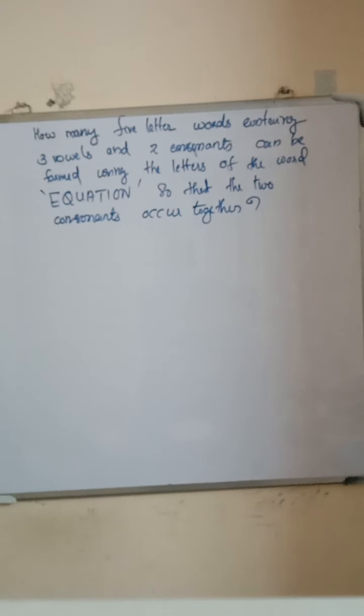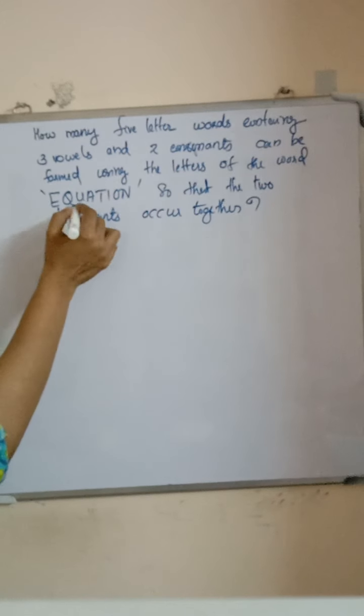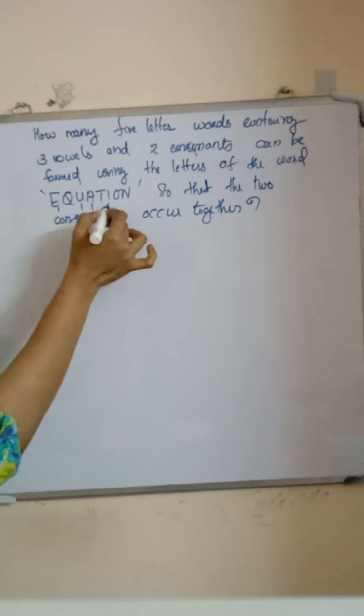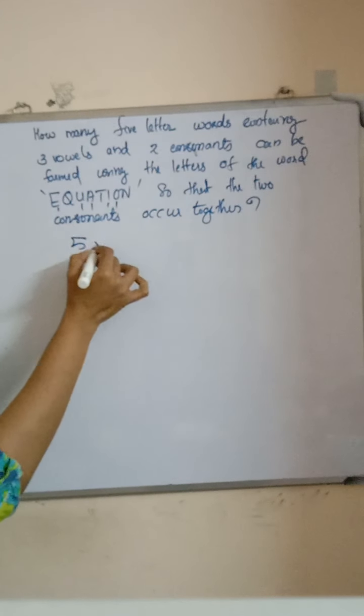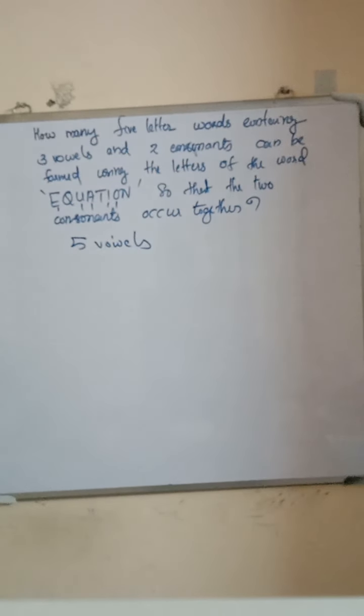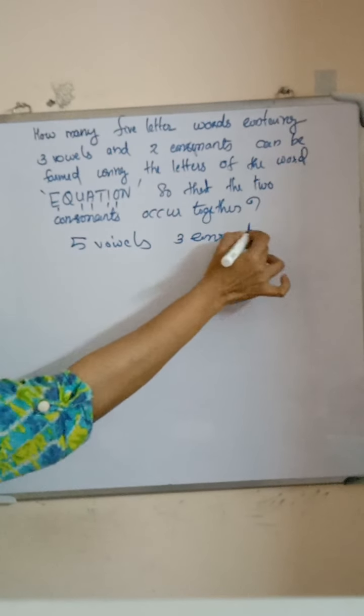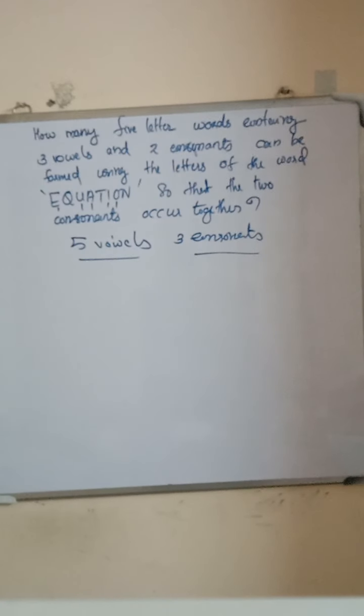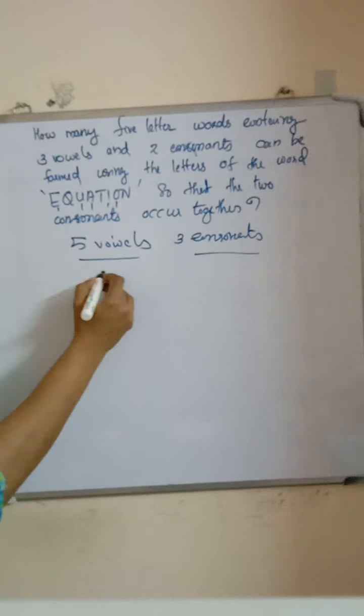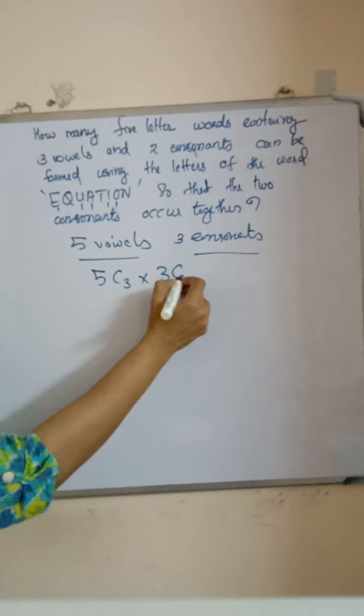In the word equation, we have 5 vowels and 3 consonants. 3 vowels out of 5 and 2 consonants out of 3 are chosen in 5C3 into 3C2 ways.